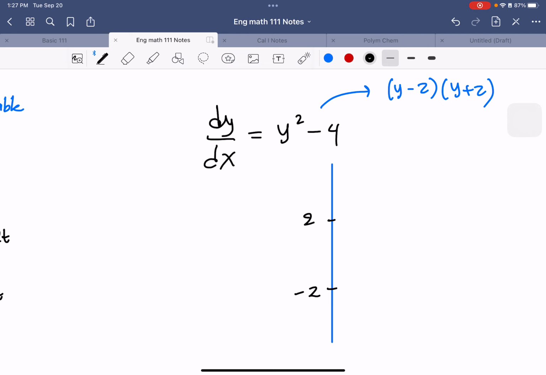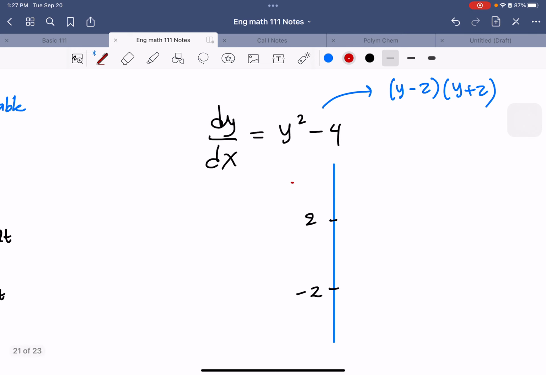Maybe 3. If you put 3, it's positive, right? Let me just write positive first. Positive here. And in our case here, what do we do when we have positive? We draw an arrow upwards. And then plug in maybe 0. What is 0?